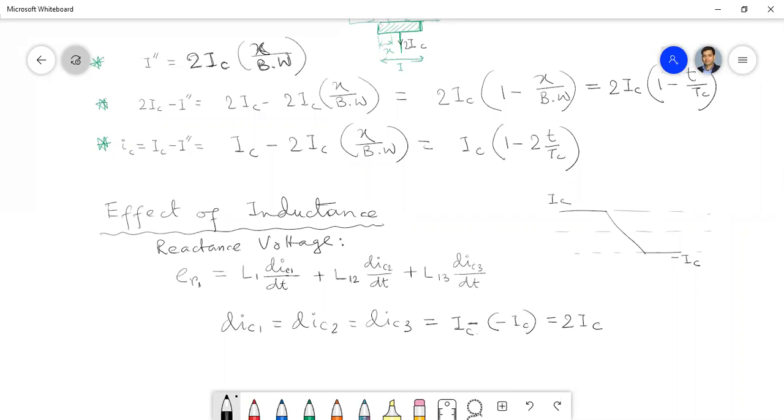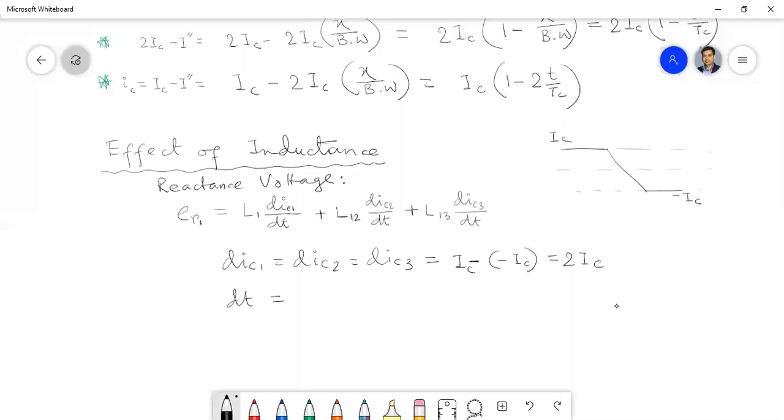This change is constant for all the coils, and dt also is constant. What is the value of dt? TC, the commutation period.